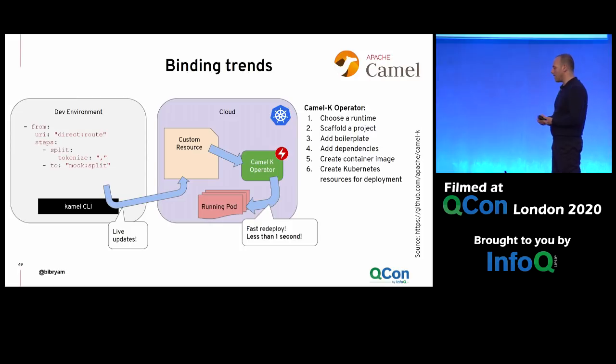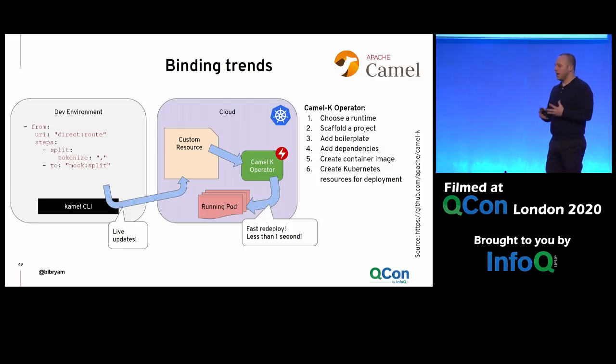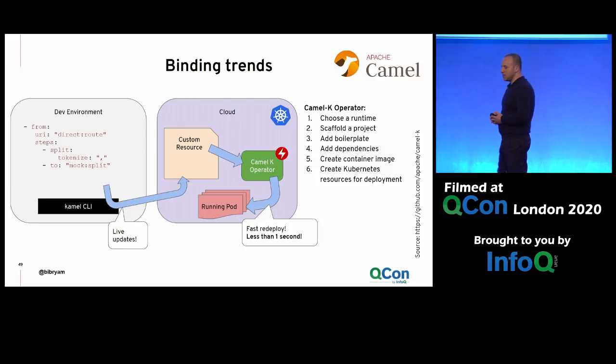So there is quite a lot of intelligence that is going outside of your runtime and into the operator. And all that happens pretty fast. And why I would say it's a binding trend is mainly because of the capabilities of Apache Camel with all the connectors it provides. But the interesting point here is how it integrates deeply with Kubernetes.